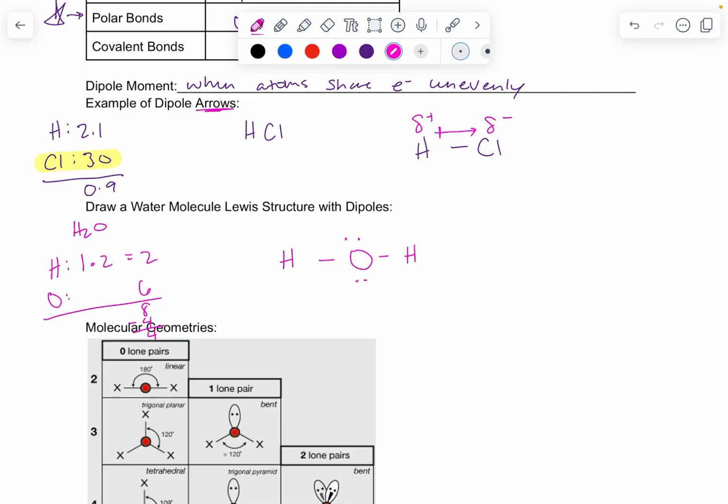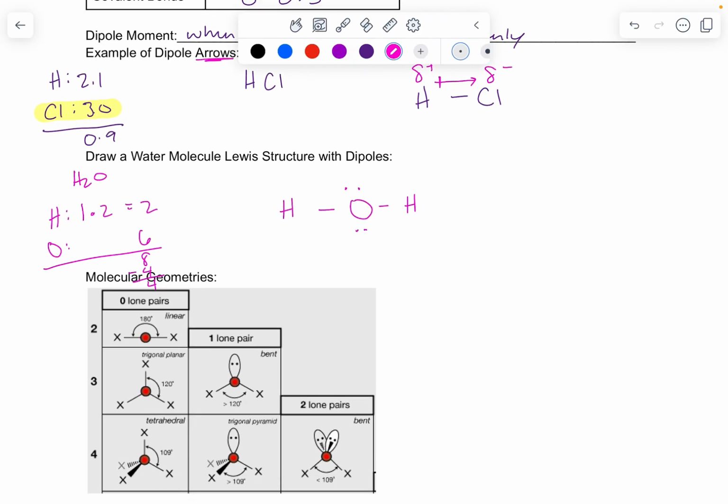All right? But to make this even more accurate, let's go ahead and add the shape of this guy. So if we look down here at our molecular geometries that we learned last week, we say, okay, this H2O molecule has 2 lone pairs of electrons and 2 bonds. So we go over to the column that says 2 lone pairs right here.